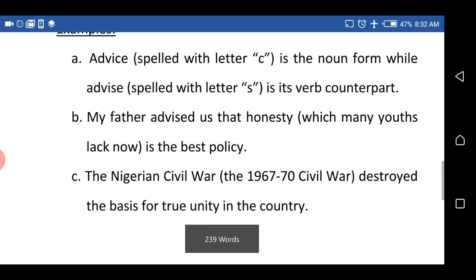Now, example C. The Nigerian Civil War, open your brackets, the 1967 to 1970 Civil War, close the brackets, destroyed the basis for true unity in the country.